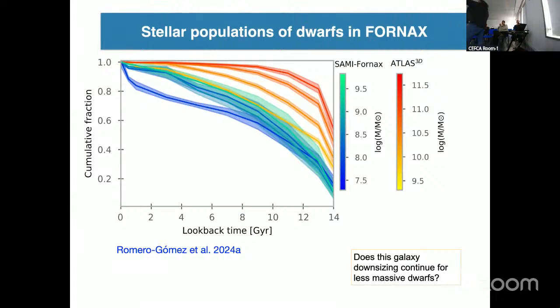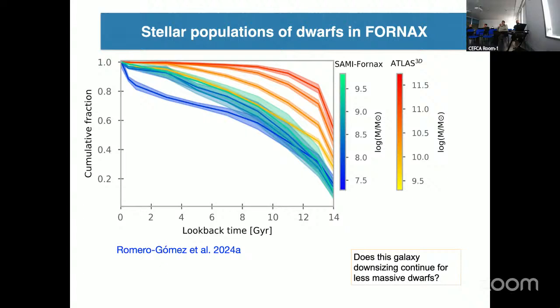We put together all the star formation histories. We did also the ATLAS galaxies using the same methodology. And here you have all the star formation histories together, separated in color by the mass of the galaxies. What do we have? For the very massive galaxies, the star formation history is very quick, let's say. So T50 and T90 occur at high redshift, basically.